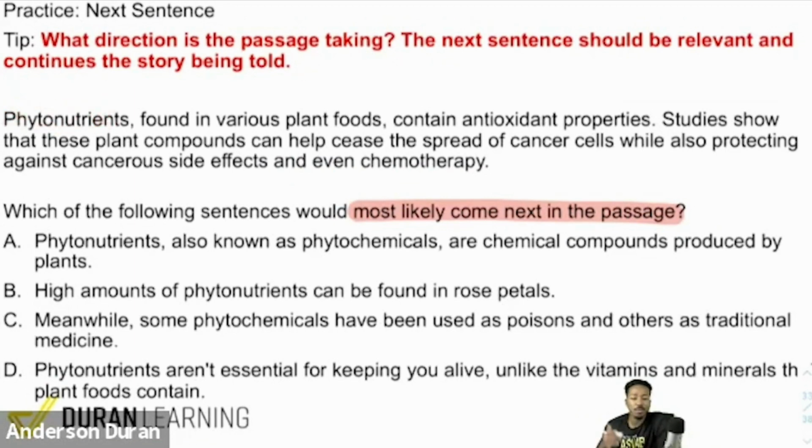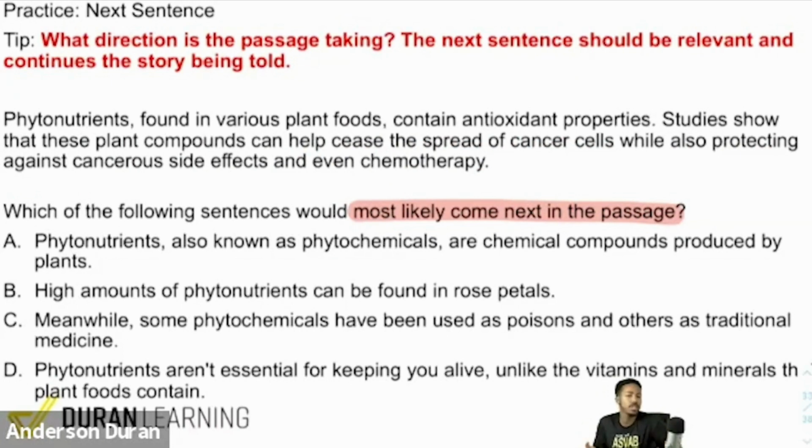Remember, on paragraph comprehension, it's not about pronunciation. It's paragraph comprehension. If you want to just say the P word, that's fine. Again, it's not a pronunciation competition.